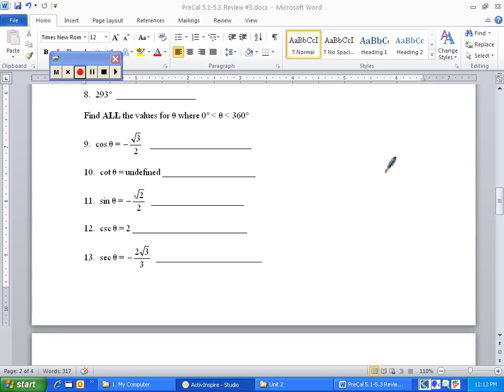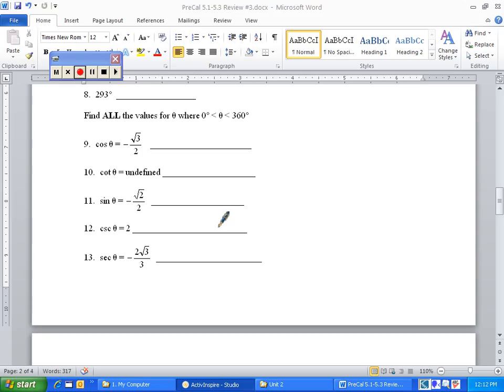Again, we're looking for where sine is positive, so sine is positive in 2 places, the first and second quadrant. So I can cross out these 2 answers because they're not in the first and second quadrant. So my answer to this question will be 30 and 150.